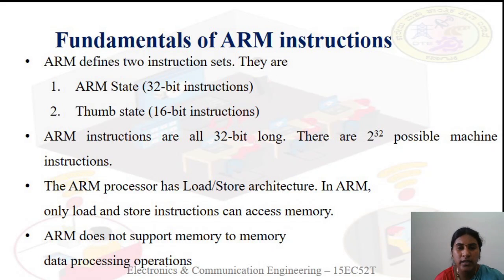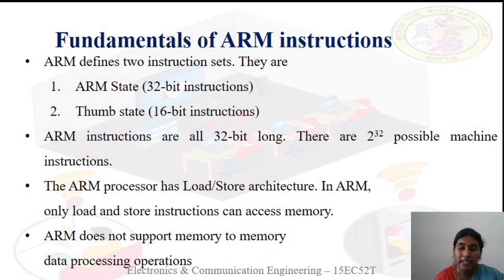In Unit 1, you learned about two architectures, that is Harvard architecture and von Neumann architecture. Our ARM is incorporated with the von Neumann architecture. It means it contains a single 32-bit bus, which will carry both address and data simultaneously. That is the von Neumann architecture.